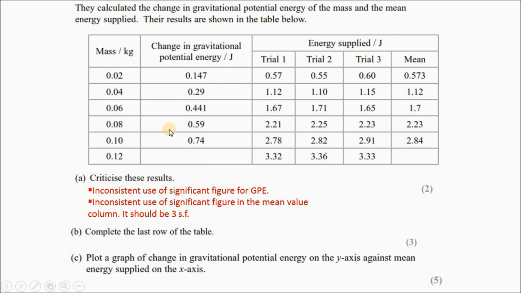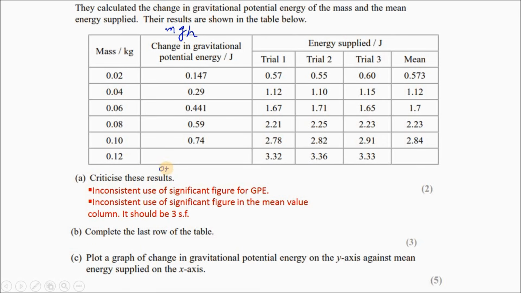Part B, complete the last row of the table. If you see the last row, this is change in gravitational potential energy. Again, a straightforward calculation, mgh. m is the mass, which is 0.12. I'm just doing the calculation underneath the column, so you can see the results.